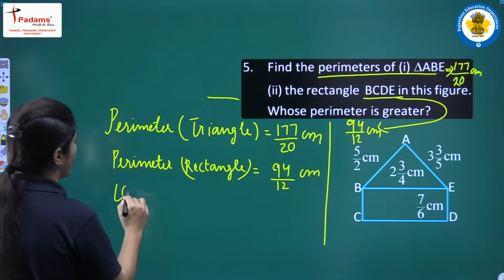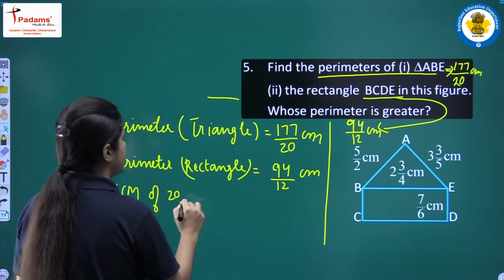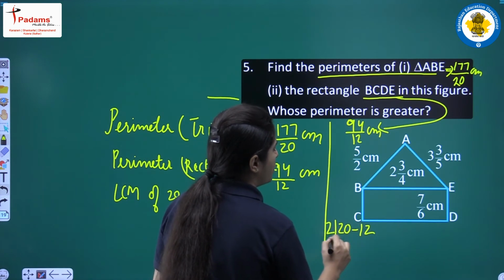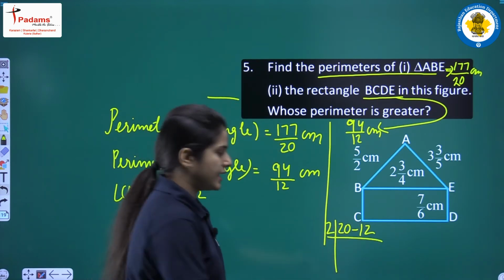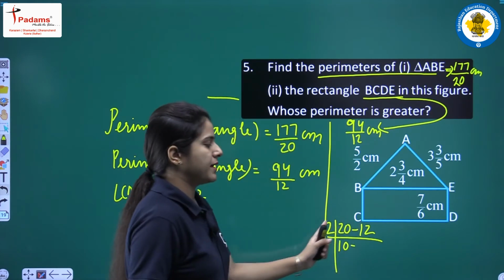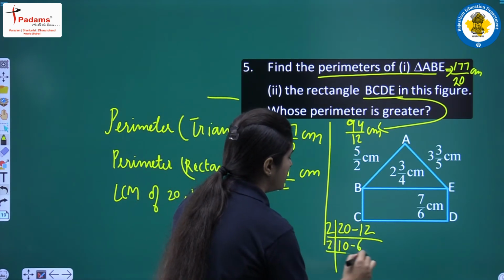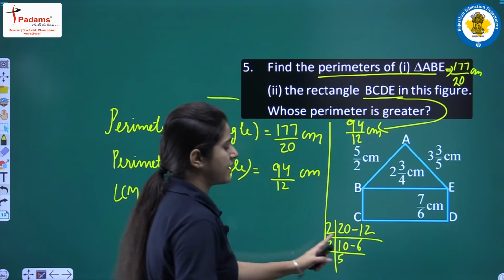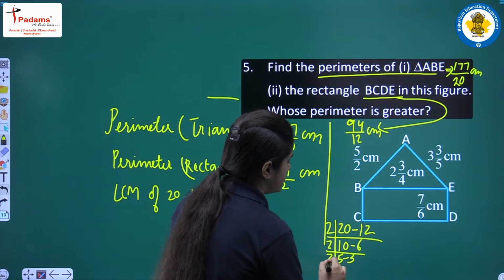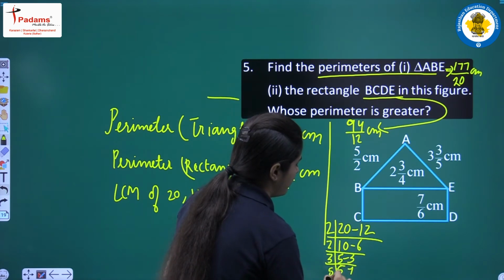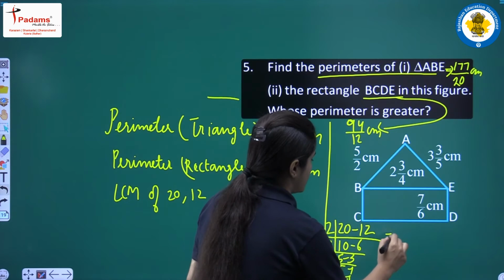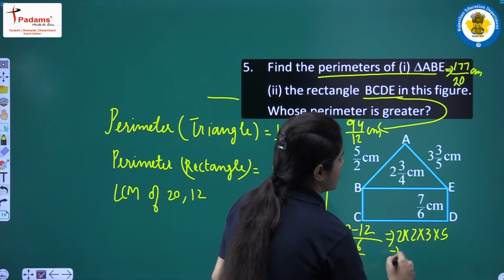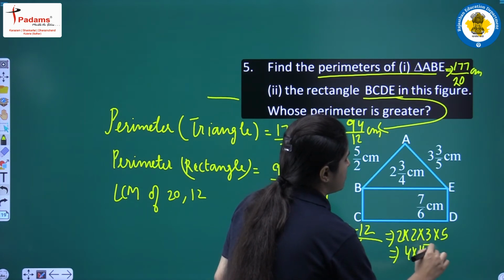So we'll take the LCM of 20 and 12, okay. 20 divided by 2 is equal to 10, 12 divided by 2 is equal to 6, then again 2, 10 divided by 2 is equal to 5, and 6 divided by 2 is equal to 3, then 3, then 5. So the LCM is 2 into 2 into 3 into 5, okay. So 4 into 15, that means 60.